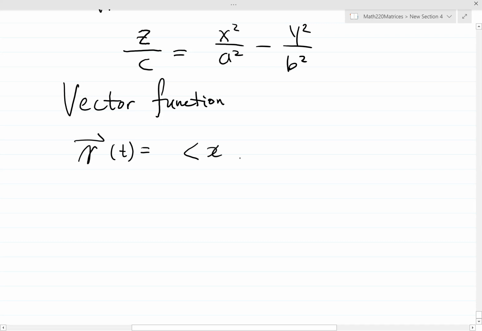Here x, y, z are real functions in the variable t.